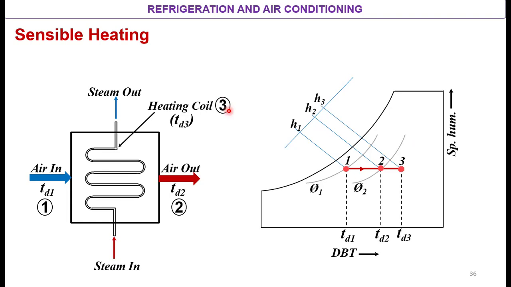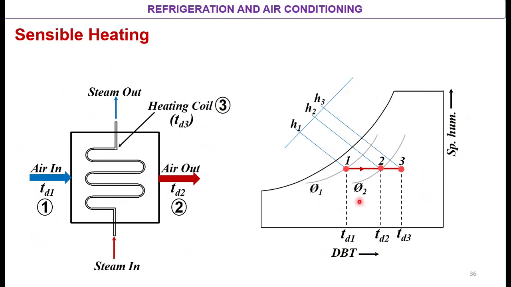This way, the sensible heating process will be represented on the psychrometric chart. So what is expected to be written if this question is asked: explain the process of sensible heating with the help of a suitable sketch and psychrometric chart. You should draw this sketch, write down the description of this block diagram, and then represent the process on the psychrometric chart in this fashion.